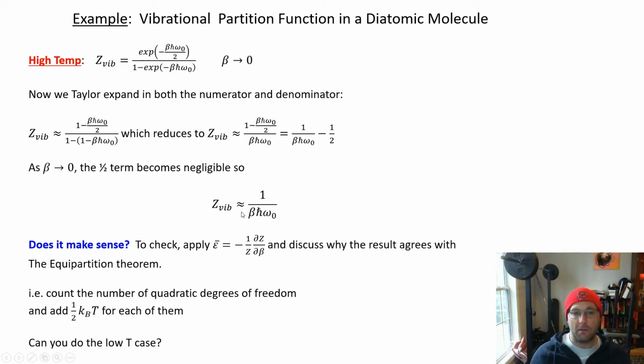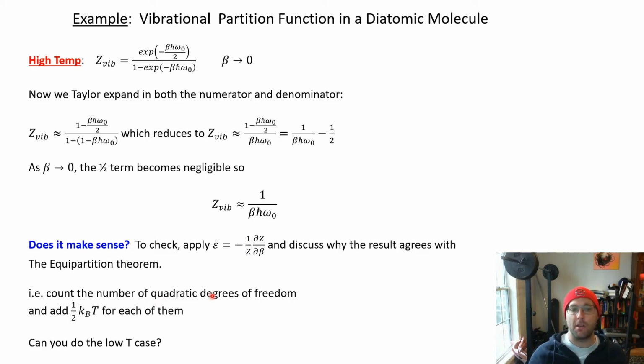And so does it make sense? I want you to play the same game that Schroeder did for the rotational case, remember? But I want you to now do it untethered from the textbook, where you're going to have to apply this fact that we know that the average energy is minus 1 over Z dZ d beta, and see if the result that you get by doing that in the high temperature limit agrees with the equipartition theorem as we would have used it in chapter 1.